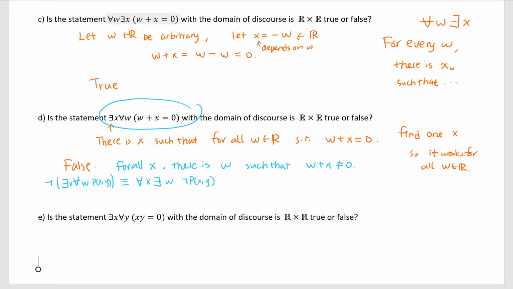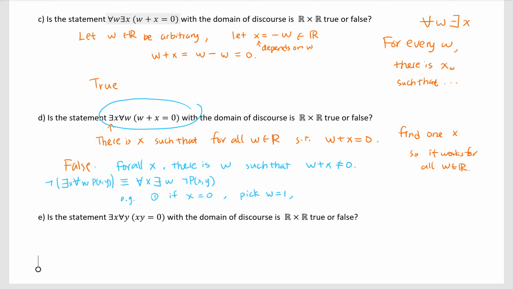Okay, so how does that work? For each x value, here's one example. We can separate into cases. First case: if x is 0, then we can pick w to be 1.